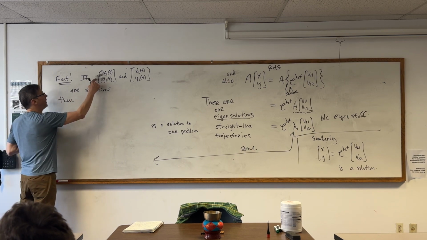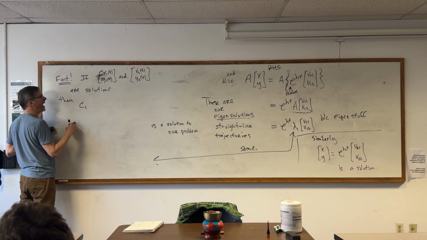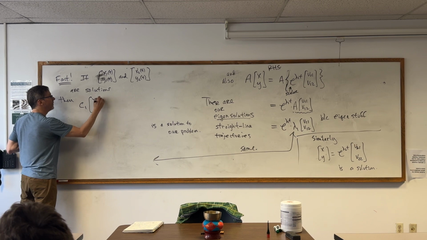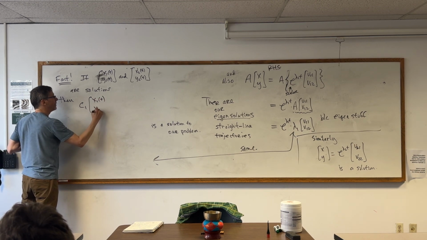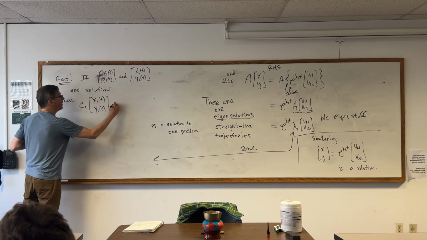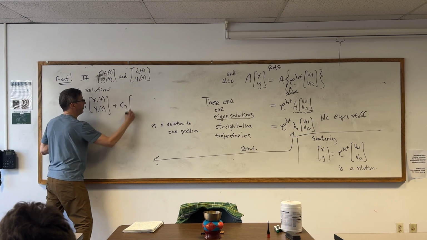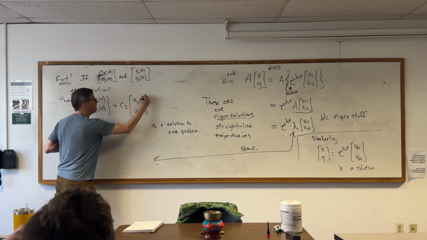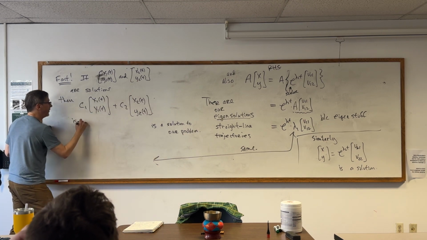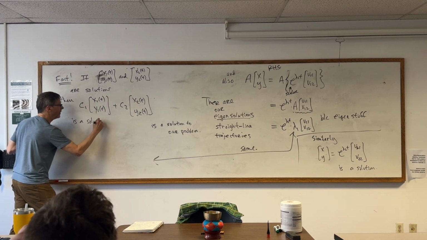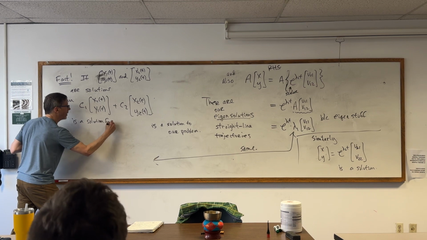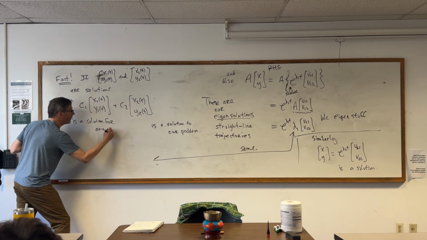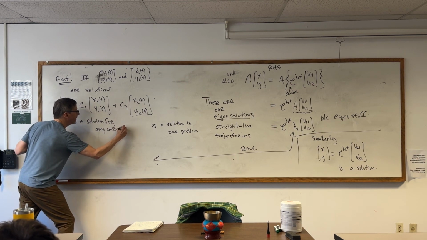If I take this one times some constant C1 plus this one times some potentially other, probably other constant, that is a solution for any constants C1 and C2.